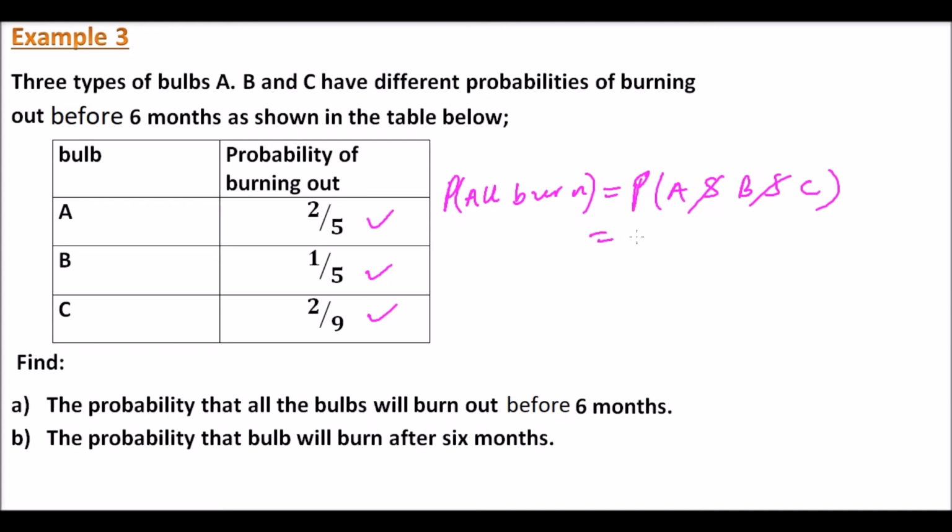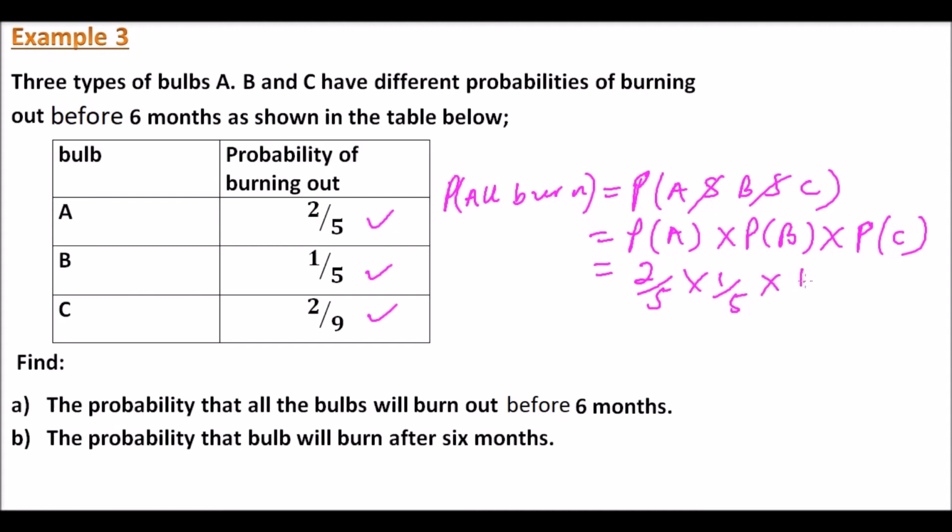So this will be the probability of A burning multiplied by the probability of B burning multiplied by the probability of C burning, which is 2 over 5 multiplied by 1 over 5 multiplied by 2 over 9, and that should give us 4 over 225. So that is the probability.